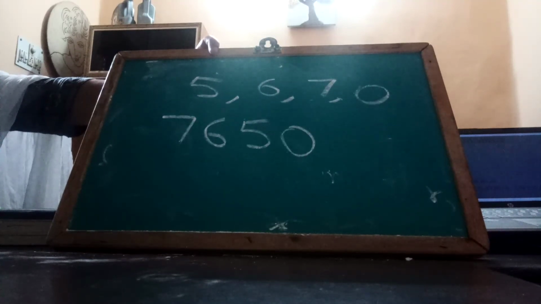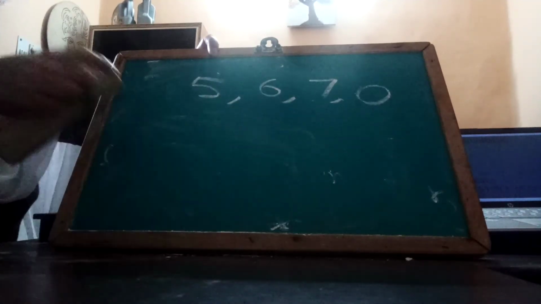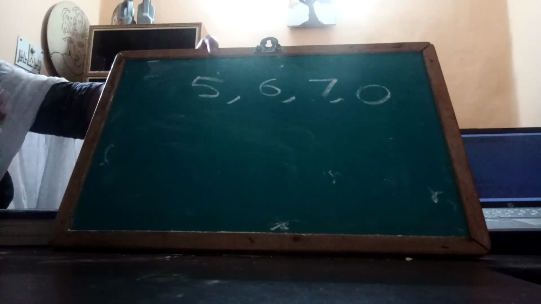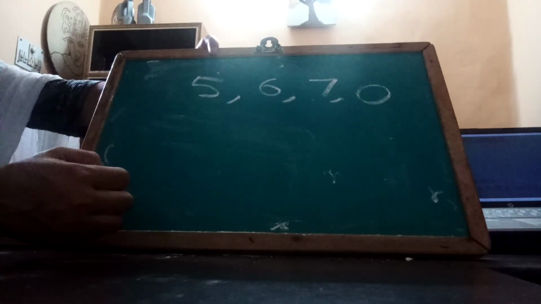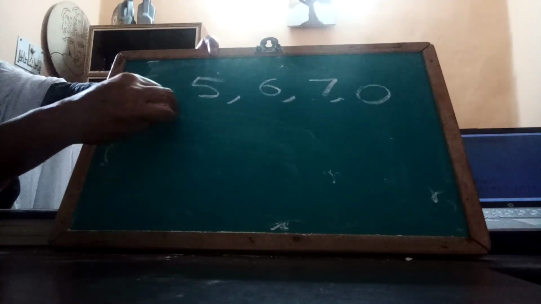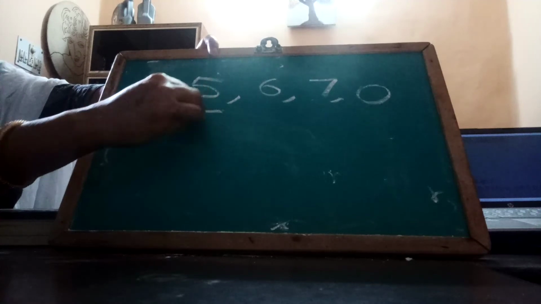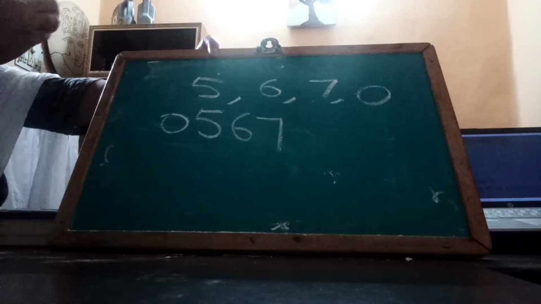So, whenever you have to form the greatest number using the digits given, start writing from big to small. But while writing the smallest number, there is a trick and the most common mistake made by students. Let me tell you. If I ask you to write the smallest number with the given digits, every layman will think of writing it this way: 0, 5, 6, 7.